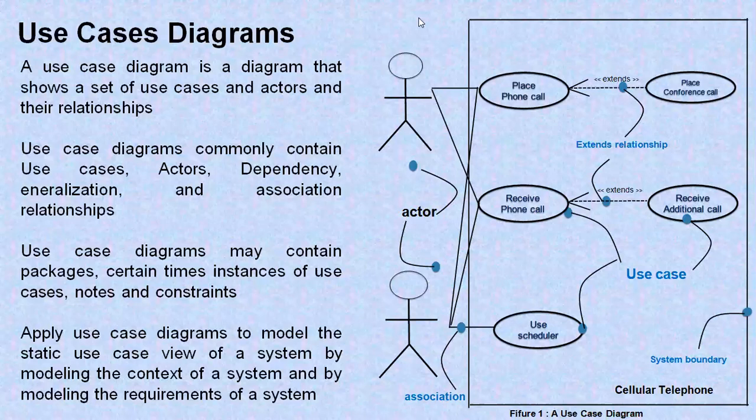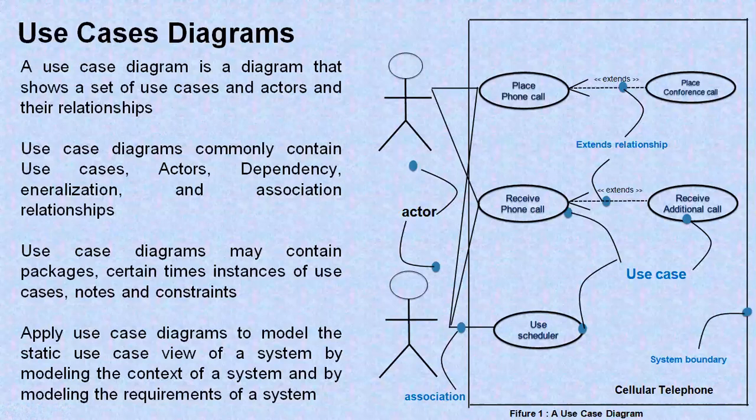A use case diagram is a diagram that shows the set of use cases and actors and their relationships. These use case diagrams commonly contain use cases, actors, and dependency, generalization, and association relationships. Like other diagrams, use case diagrams may contain notes and constraints.